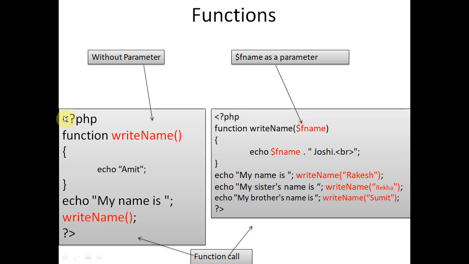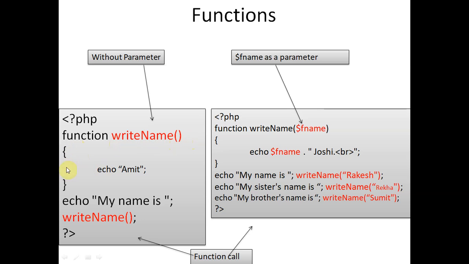Inside HTML it will be started by the question mark PHP, and then we have the function writename. This function is not returning any value, and it has no argument. Inside the writename we have two brackets, and inside the brackets we don't have anything.